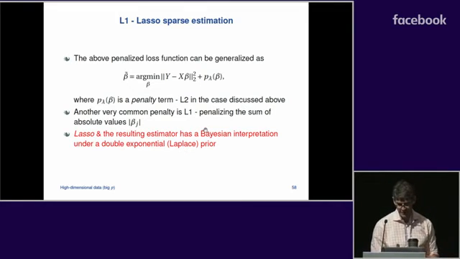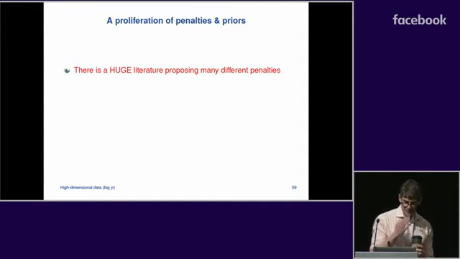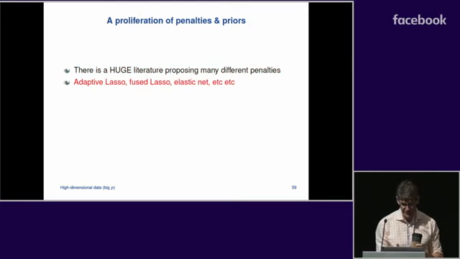The Bayesian lasso would be doing this, but we would put a prior on beta that corresponds to a double exponential distribution, and then the mode of the posterior is exactly the solution to this optimization problem. The nice thing is that the mode is sparse and contains exact zero values, hence the popularity of the lasso.